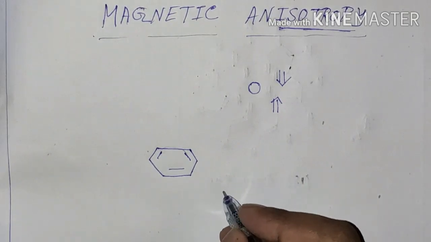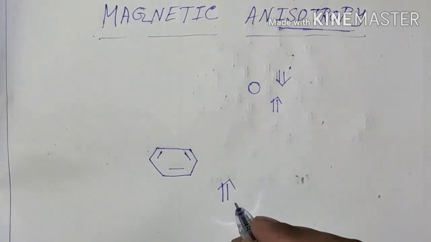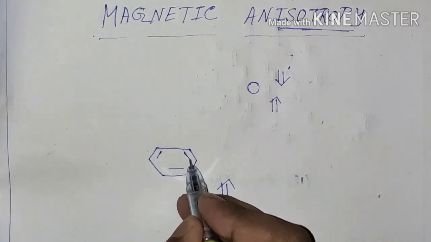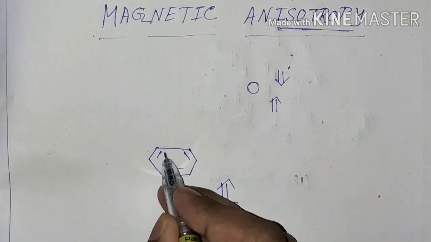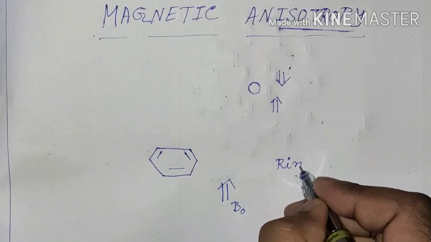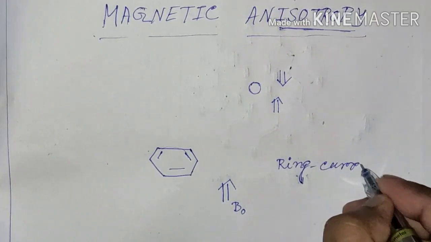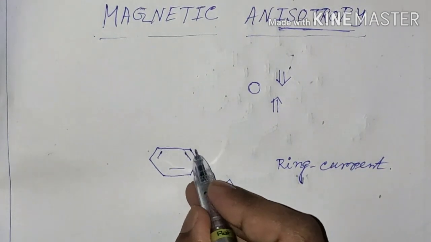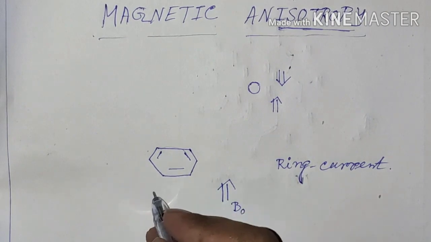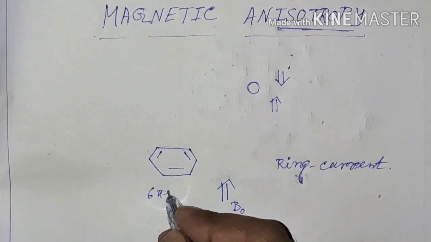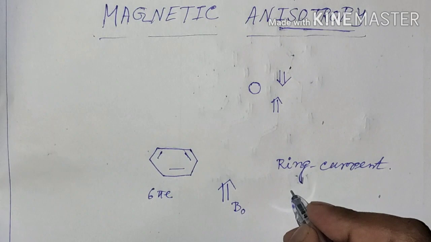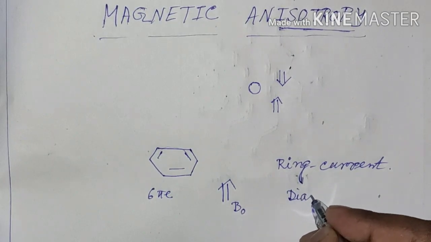Now if you apply a magnetic field in this direction, then due to the rotation of the electrons through the ring, a ring current will be generated. And since this compound is aromatic, since it follows the 4n plus 2 pi electron rule, it has 6 pi electrons, the ring current is known as diamagnetic ring current.